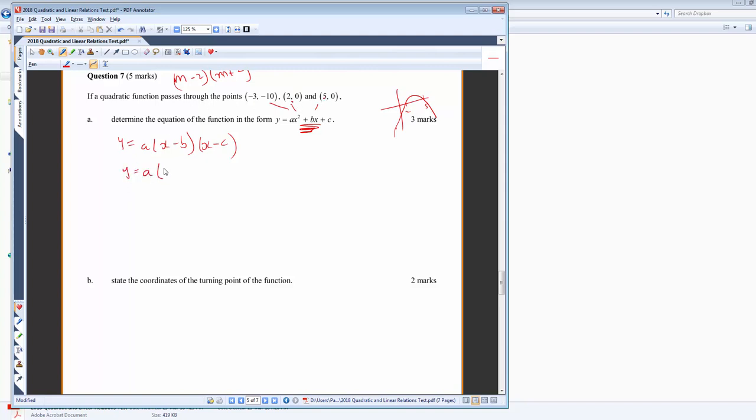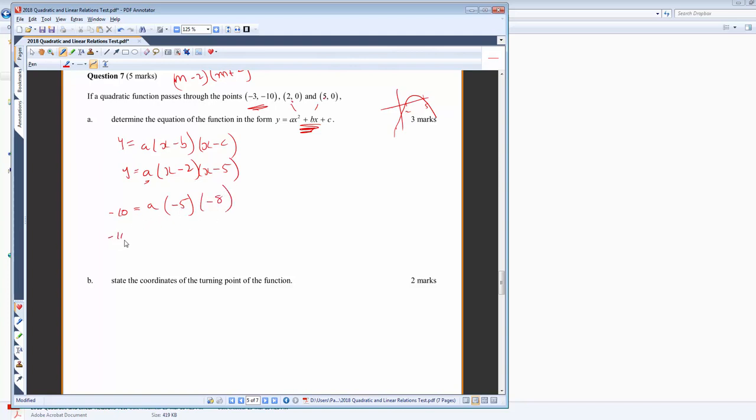y equals a, x take 2, x take 5. Alright, now we need to know the dilation factor, so we're going to sub our third point in. So we're going to go -10 equals a, and we're going to go -3 take 2 is -5, and -3 take 5 is -8.